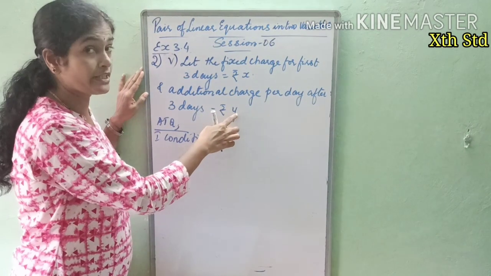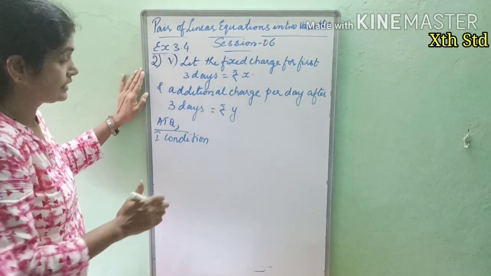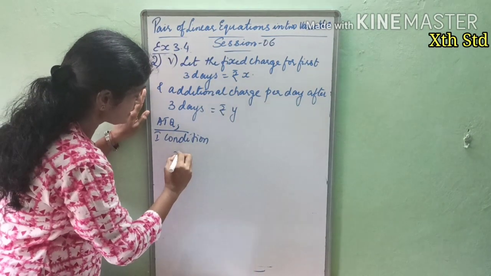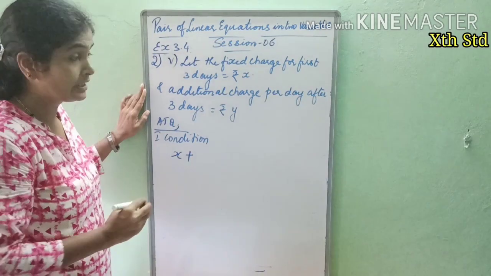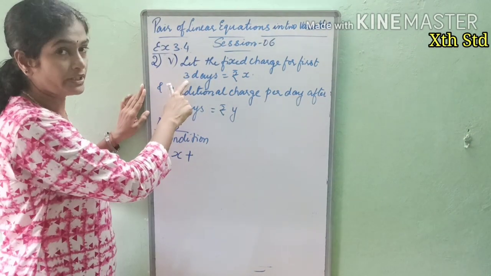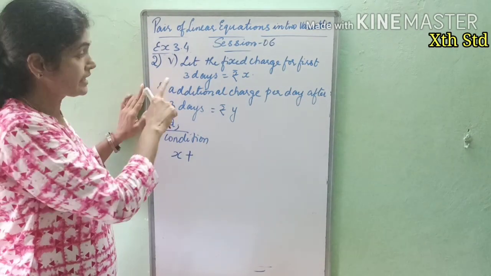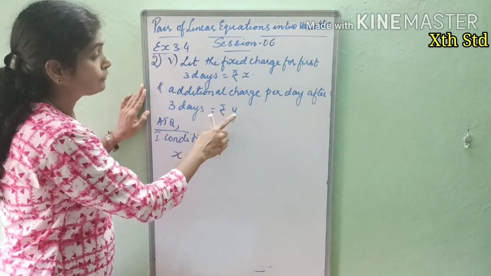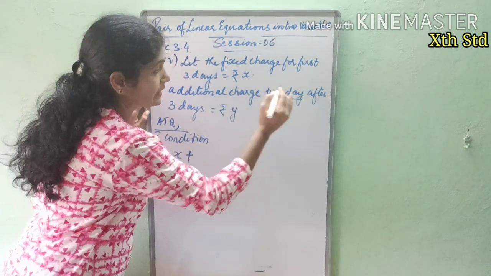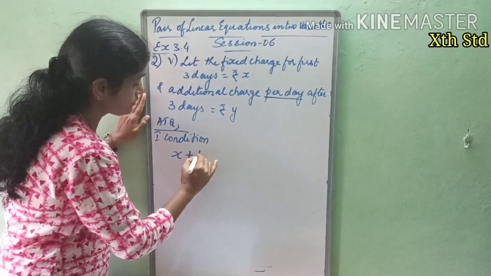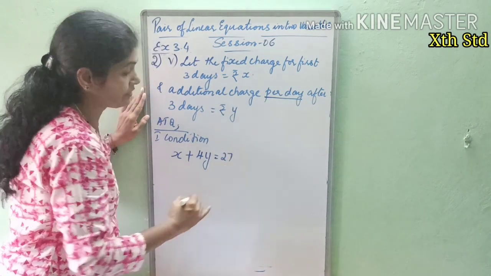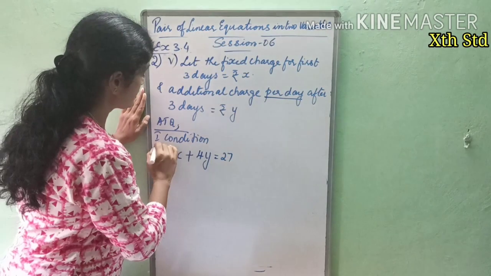Therefore for 4 days she will pay 4y rupees. Right. Therefore what will be the first condition? First 3 days x rupees. Then since she is keeping the book for 7 days, 3 days are over here. That is 7 minus 3, 4 days are remaining. For 1 day y rupees, so for 4 days, because here we have taken per day, it will be 4y here. She is paying 27 rupees. And this is the first condition.